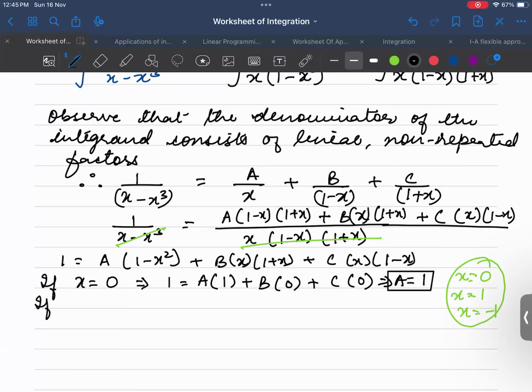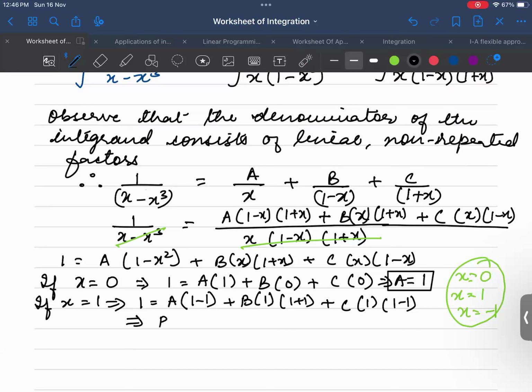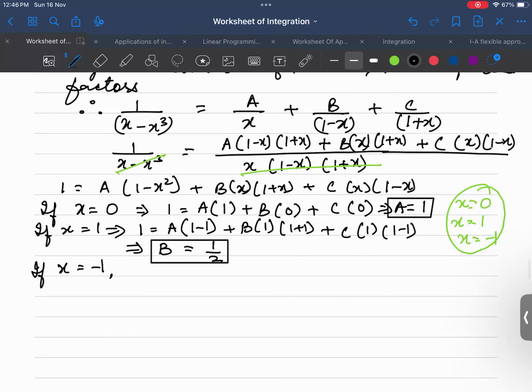Now, if x equals 1, in that case, 1 equals a into 1 minus 1, plus b into 1 into 1 plus 1, plus c into 1 into 1 minus 1. We can easily get the value of b equals 1 by 2. I think it's clear.